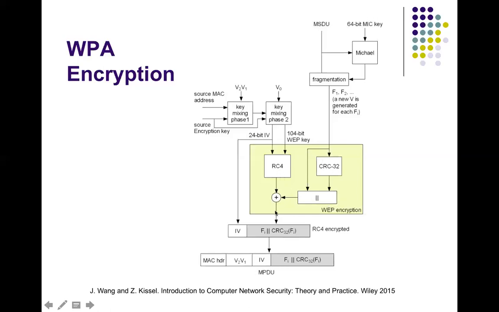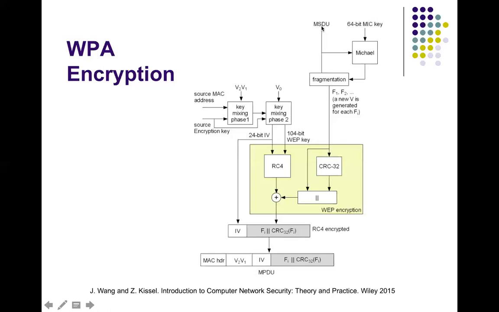Okay, so then it comes out at encryption. So this encryption is on a frame. And now let's look at the integrity check. It uses Michael's algorithm. It takes a 64-bit MIC key to generate an integrity check value.